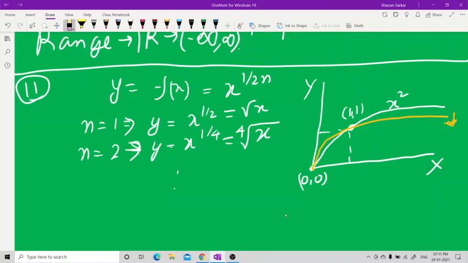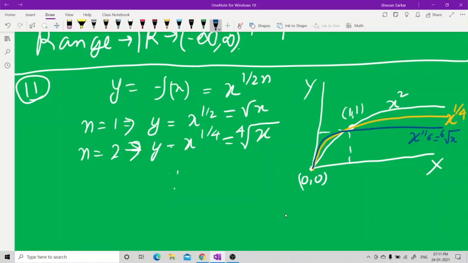Let me write it, x to the power of 1 by 4. And now I'll draw for the blue one. I'll draw for x to the power of 1 by 6. This is x to the power of 1 by 6. That is equal to sixth root of x here. I hope you understood this.